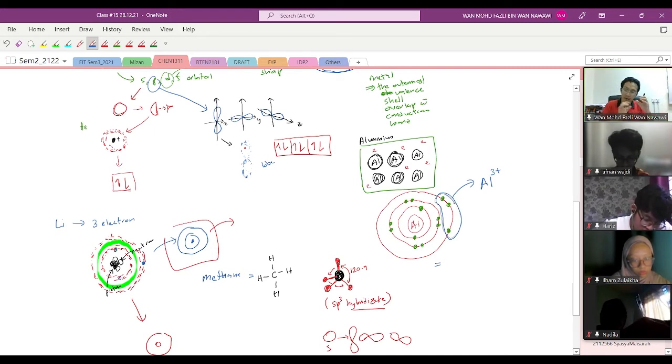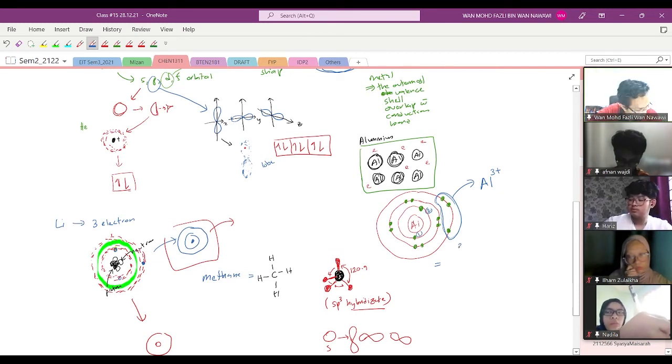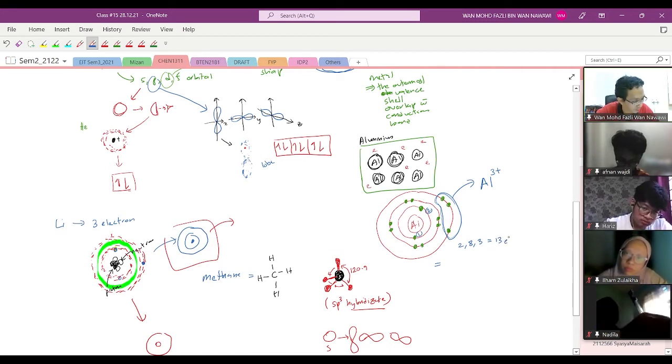When the electrons move away, the atom is no longer neutral. Inside the aluminium atom you have 2, 8 and 3, so 13 electrons in total.